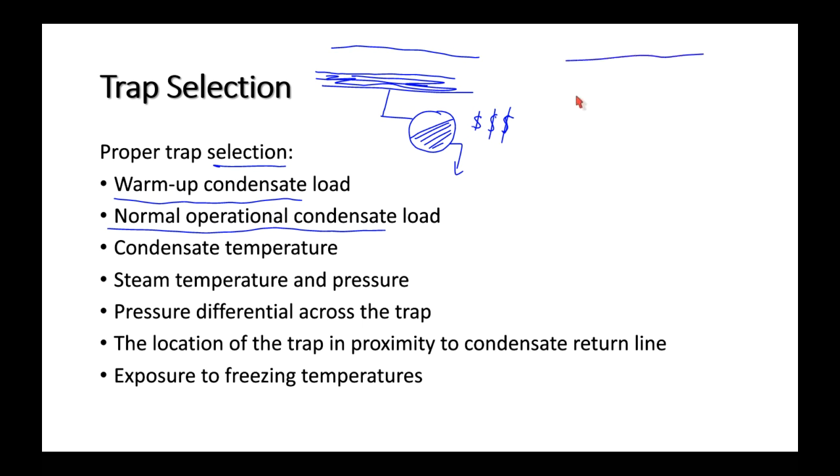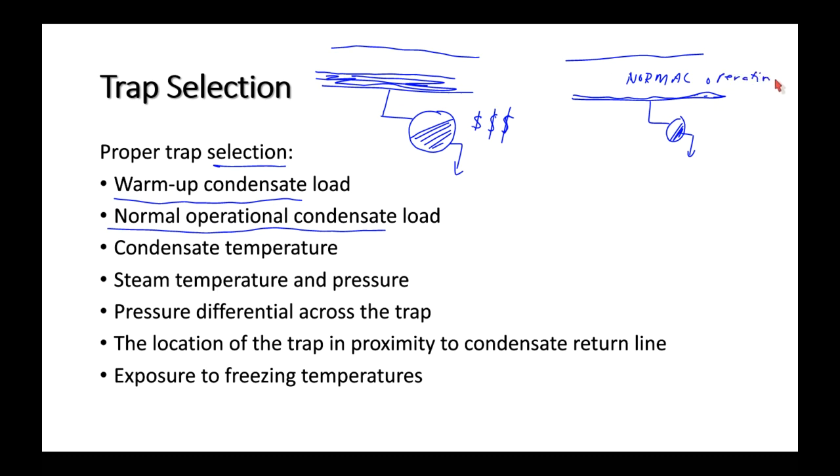Or alternatively, we can have a trap that is designed to handle the small amount of normal condensate that occurs during radiant heat loss through the pipe insulation. So we always get a little bit of condensate forming, and if we only got a little bit of condensate forming during normal operation, why do I want a big expensive trap?